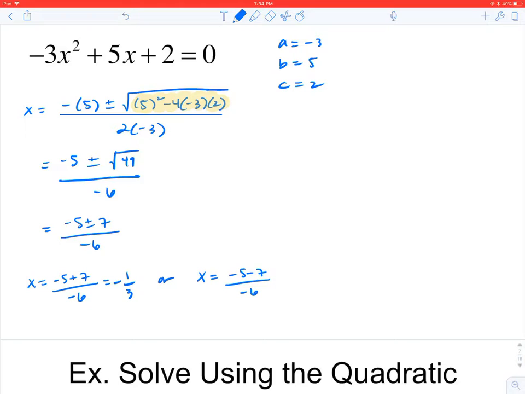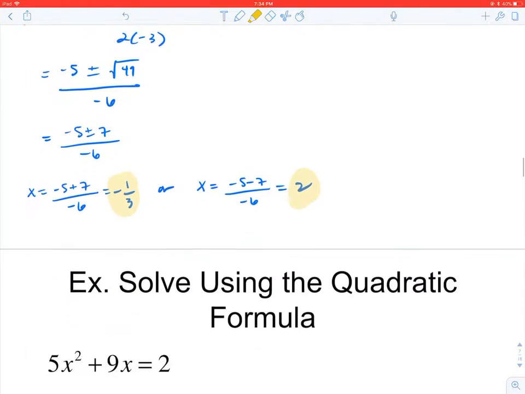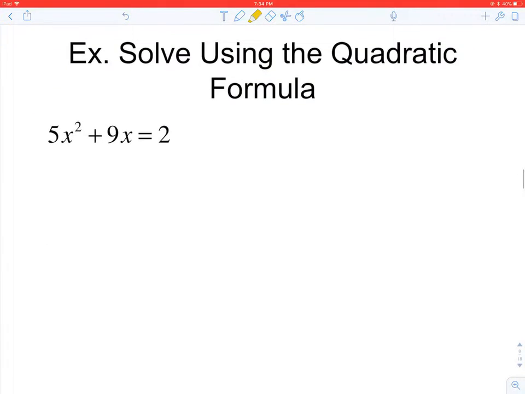Okay, or x is equal to -5 minus 7 divided by -6. -5 minus 7 is -12, divided by -6 will be +2. So -1/3 and +2 are our solutions for this quadratic equation.